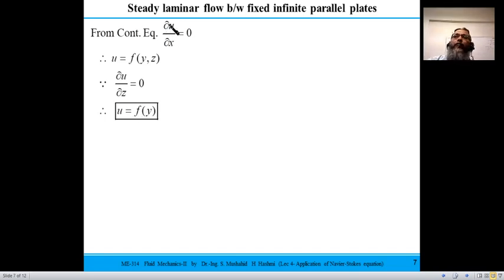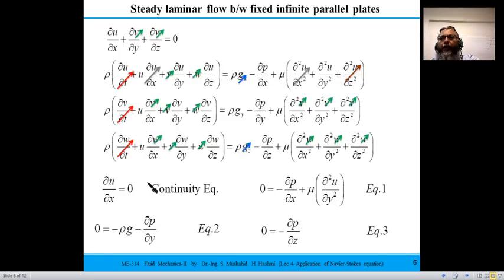We have concluded this from the mathematical results and our assumptions.